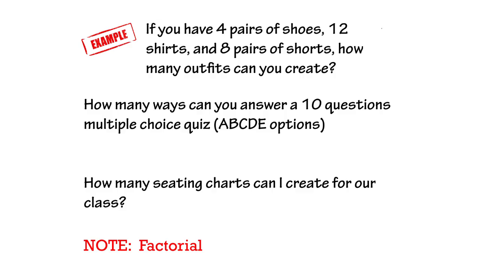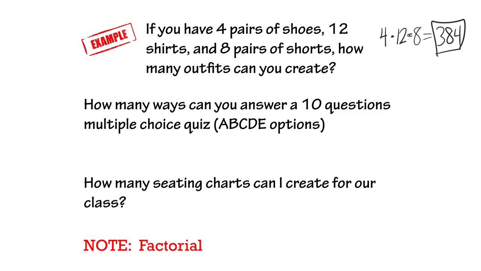All you have to do is take your 4 times your 12 times your 8, and that's going to tell you the total number of ways that you can arrange that. So in this case, that means there are, oh, my pen stopped working, sorry. 384 different outfits that we could create just by multiplying those options together.